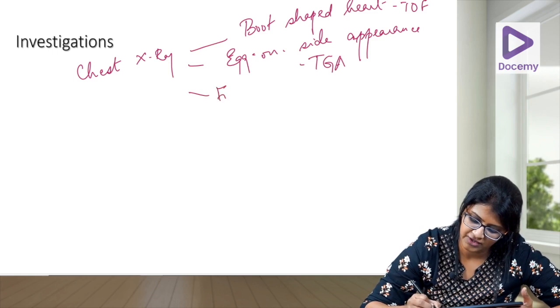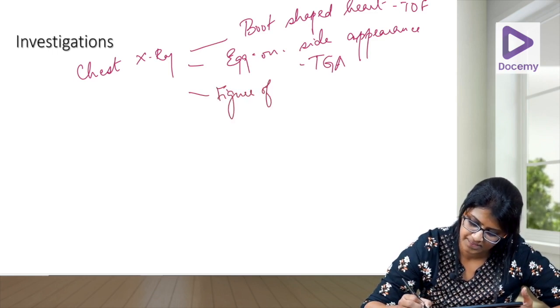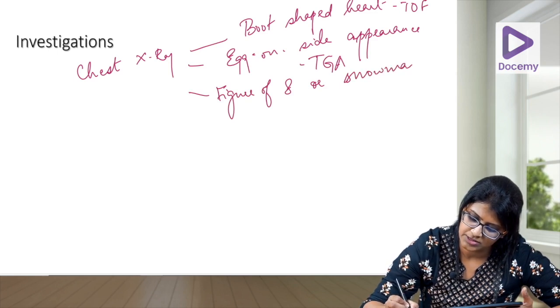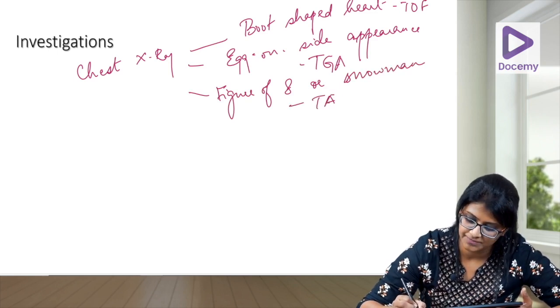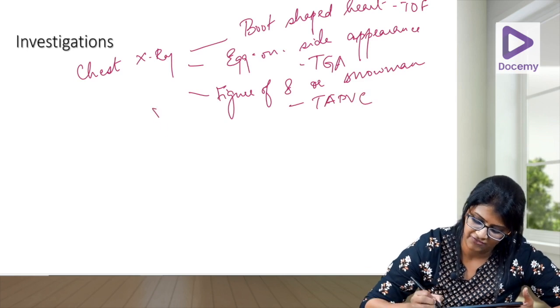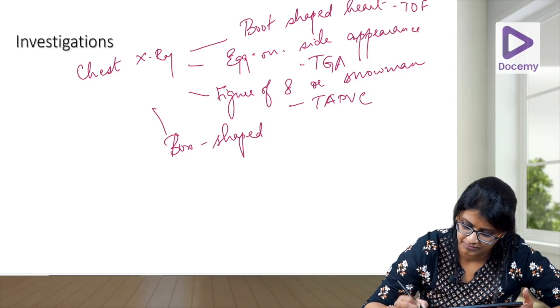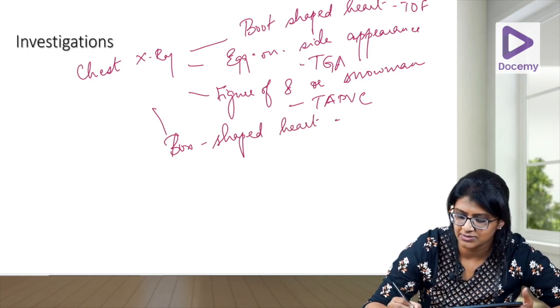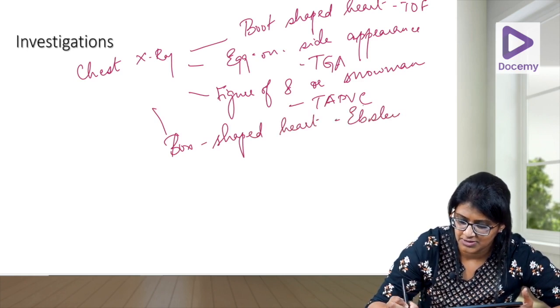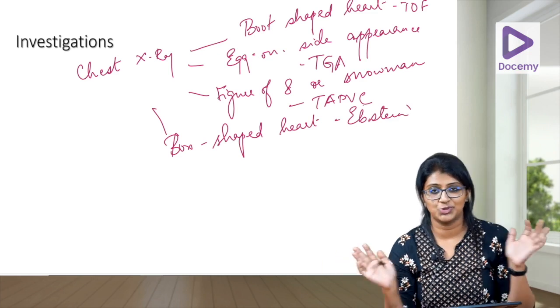You have the figure of 8 or snowman appearance which happens in TAPVC. You have the box shaped heart which occurs in Ebstein. So, that is a lot of MCQs right there.